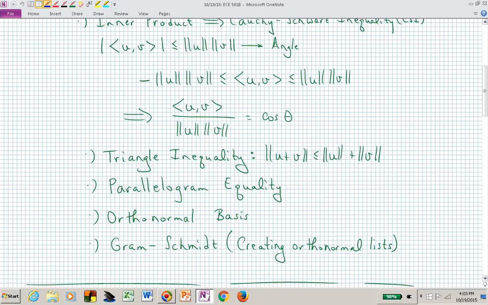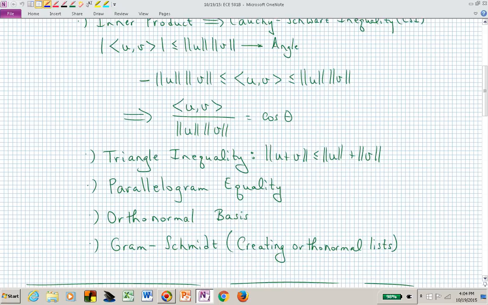Then we will start talking, once we have this notion of norms, which now we do with this inner product, that's how we were defining our norm, we can start normalizing our basis vectors. And a nice way to normalize them is for them to have a length of 1. Now we can create orthonormal basis, and we can actually develop a way to construct those, which is this Gram-Schmidt process of orthogonalization.